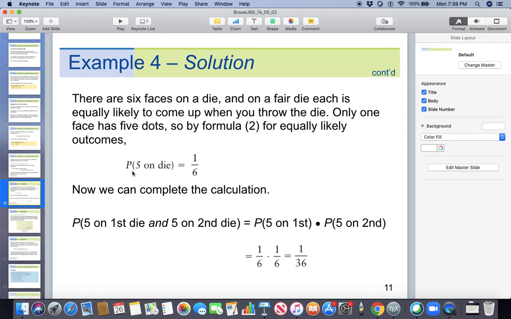So probability of 5 on a die is 1 over 6. So probability of 5 on first die and 5 on second die is probability 5 on first times probability of 5 on second, which is 1 over 6 times 1 over 6. That is 1 over 36.